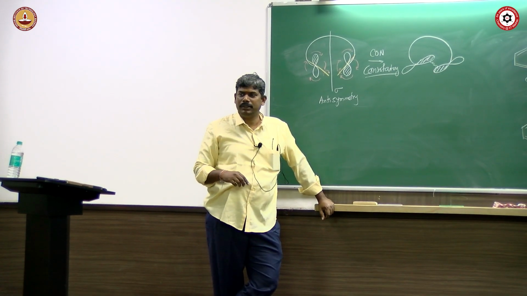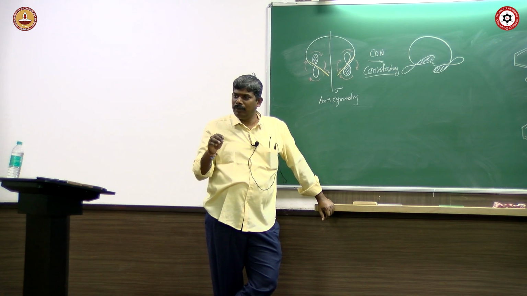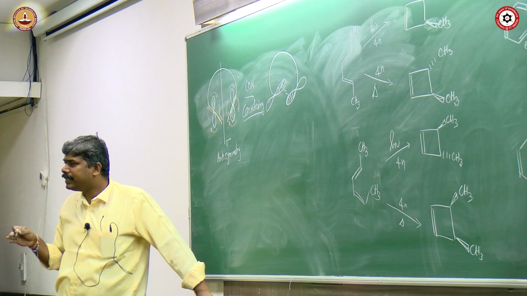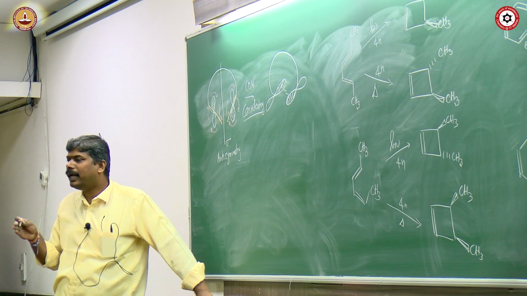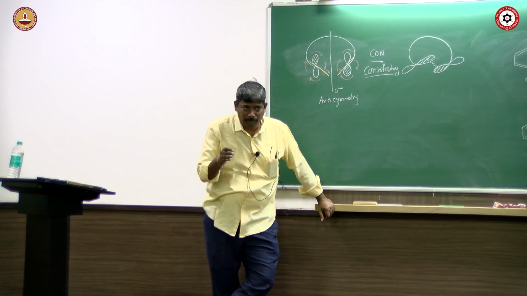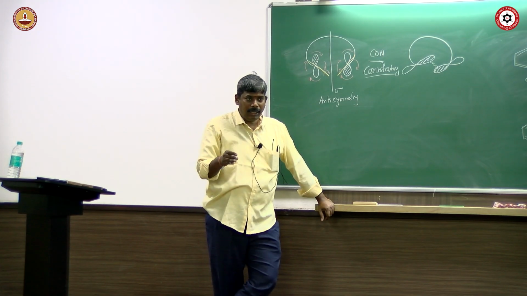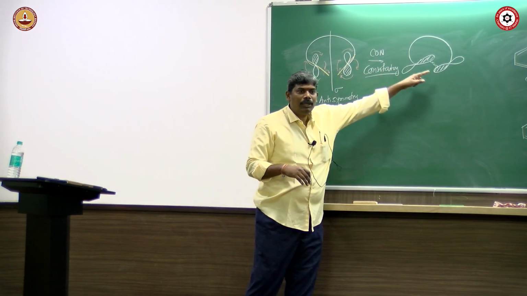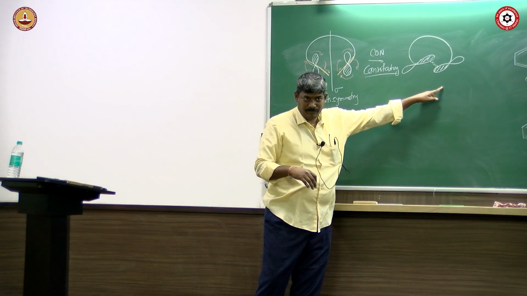So we will see that if the molecular orbital which you are considering has a sigma plane antisymmetric, that means there is no sigma plane in this particular case, then those molecular orbitals can undergo conrotatory motion giving a bonding.